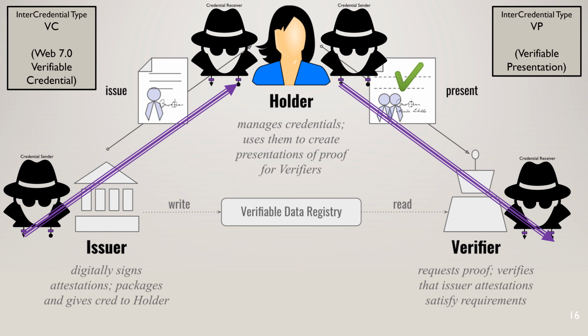And this time it is sending a variation of a verifiable credential called a verifiable presentation. It is being sent to the verifier. The verifier is just a specialization or a derivation of a credential receiver. So the left-hand side is symmetric with the right-hand side, and it's all based on the idea of the verifiable credential sender-receiver model.